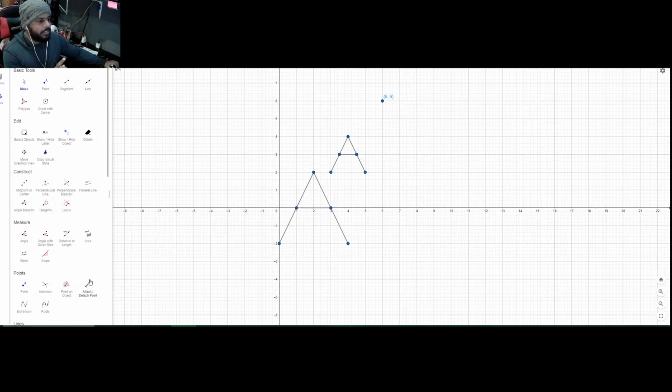I'm measuring the distance from image point to center of enlargement. I get 2.82. Now I'm going to measure the distance from the object point to center of enlargement, and the image distance will be double the distance from object point to center of enlargement.